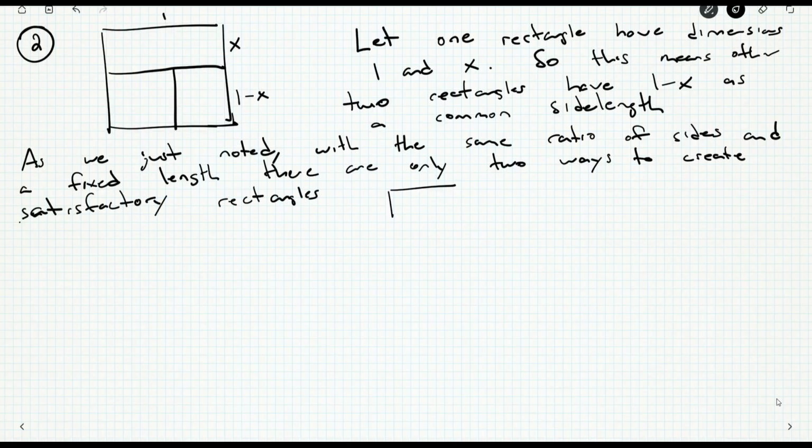Okay. So we would have 1 minus x and then x, 1 minus x. And then the other one where the 1 minus x is where the x is. So then it would be 1 minus x over x.